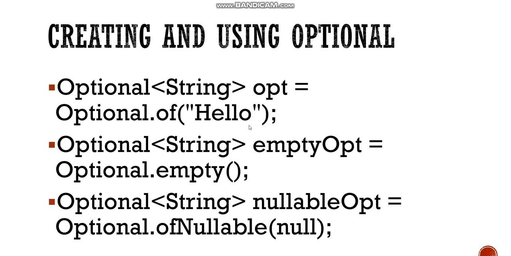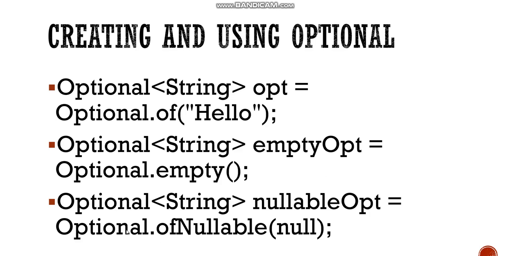We will be doing more coding exercises in the IDE, but these are basic examples of creating and using the Optional class in our code. Then there is Optional.empty. Suppose you want an empty value in your code, then you can use Optional.empty, and it will create an empty Optional value.